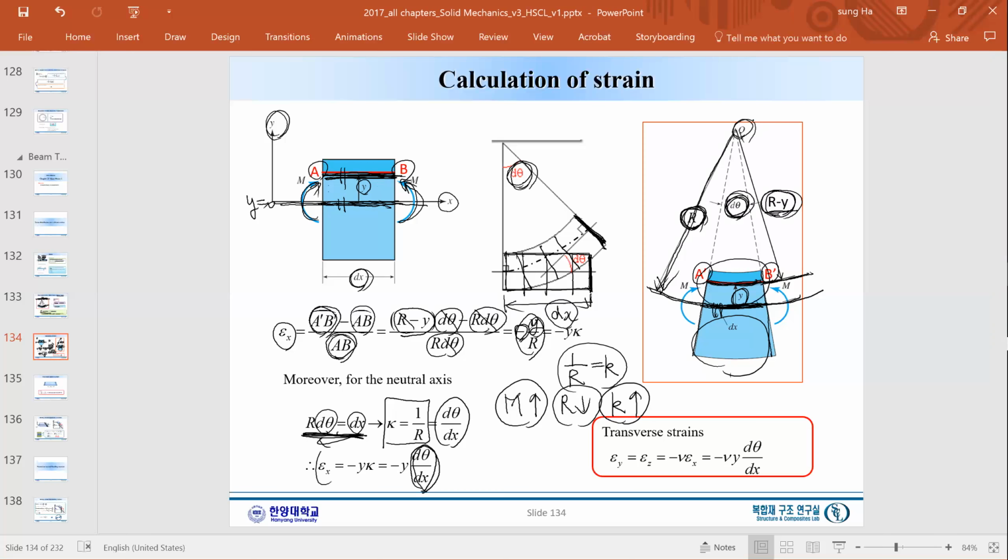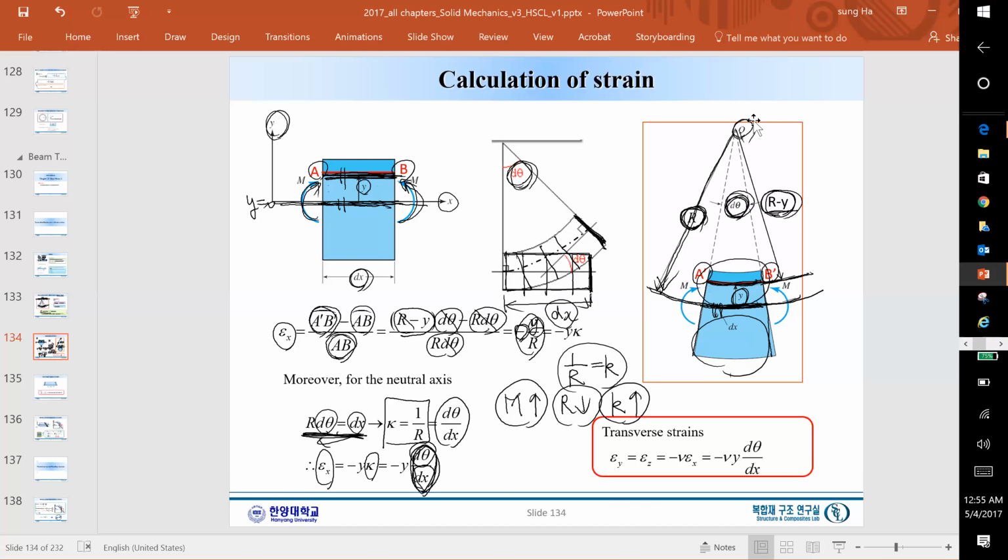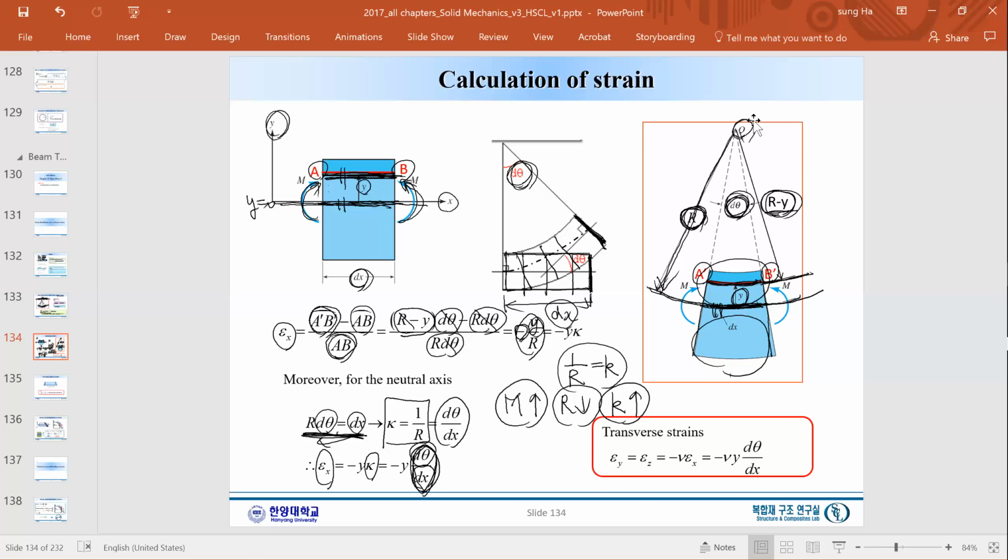So epsilon x, now this is the curvature, and curvature can be written as d theta over dx. That's the rate of the angle, the cross section rotations.